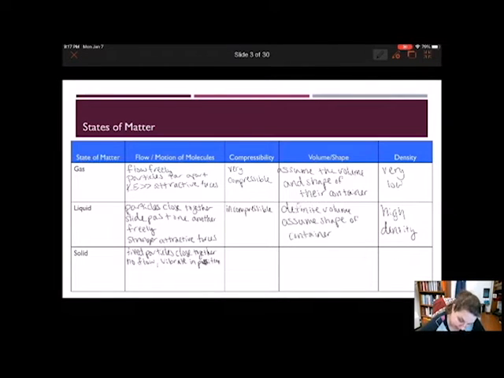Okay. In this case, we have a substance where the kinetic energy is very low, so the kinetic energy is significantly lower than the attractive forces.